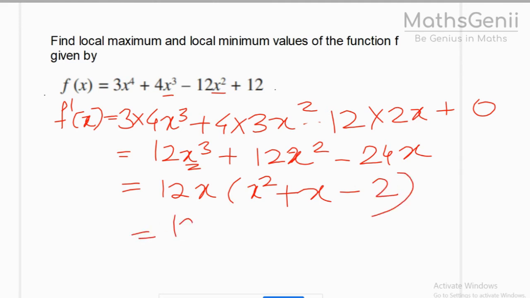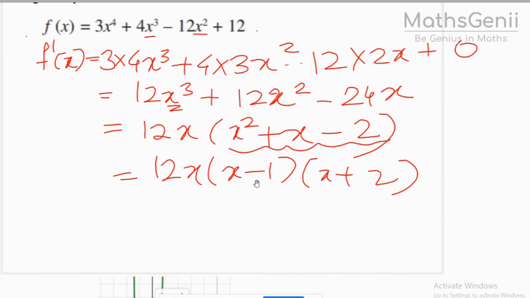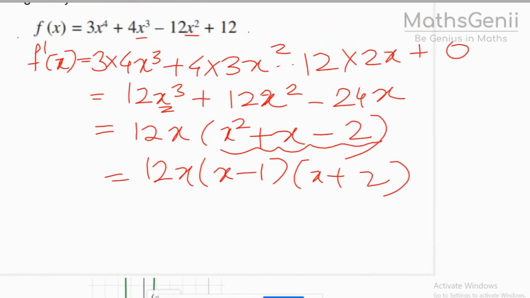That's it. So 12x, and when you factorize this, you will get x minus 2, x plus 2. Okay, you can factorize it, the normal standard method. So when you factorize this, you will get this as your answer.